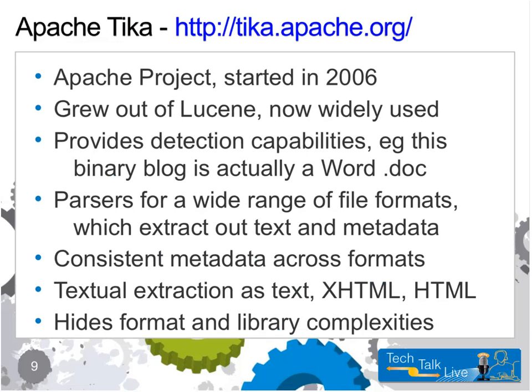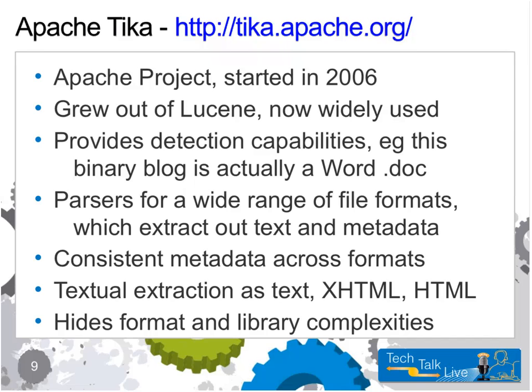So I mentioned Apache Tika a few times now. For those of you who don't know what it is, it's an Apache project. It's been around since 2006, and has a few different capabilities that are all related to working with content, getting data out of content.